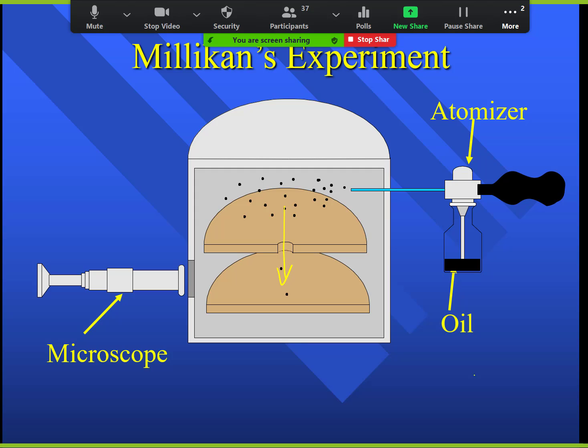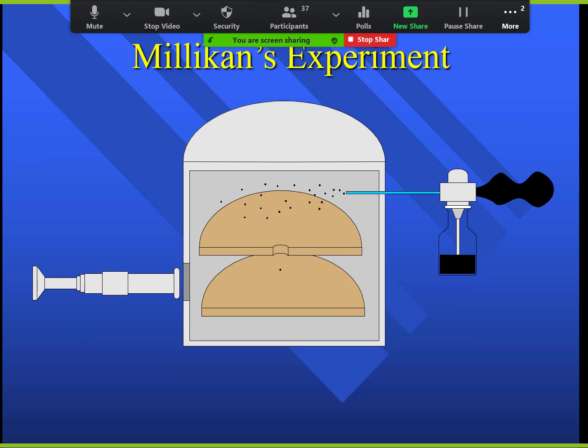Okay. Then, the reason why it's all in this container is so he could shoot them with X-rays.